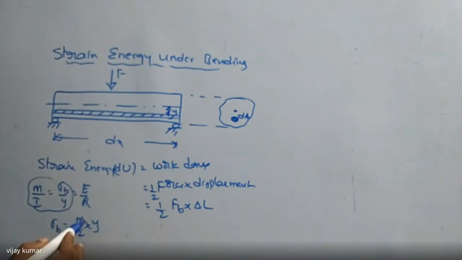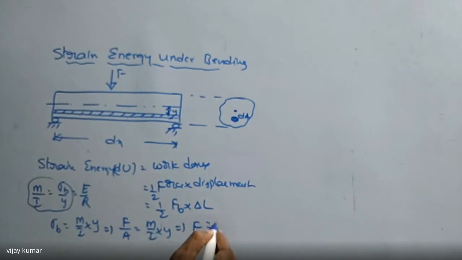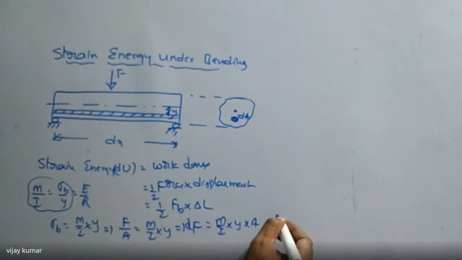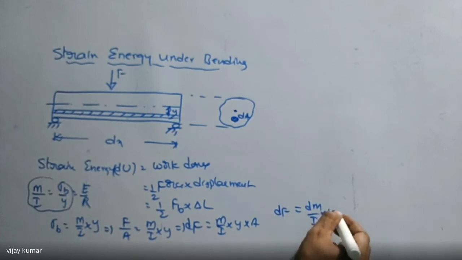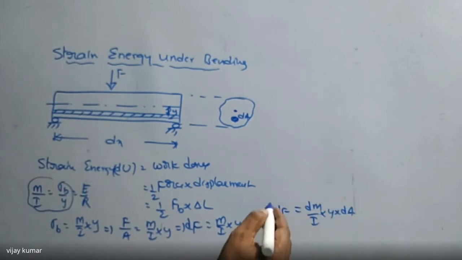What is sigma_B? Sigma_B is nothing but F by A. So F by A is equal to M by I into y, that implies F is equal to M by I into y into A. But this is a small force, so I am writing dF is equal to dM divided by I into y into small area dA. If you integrate it, then we get the required value. Got my point or not?